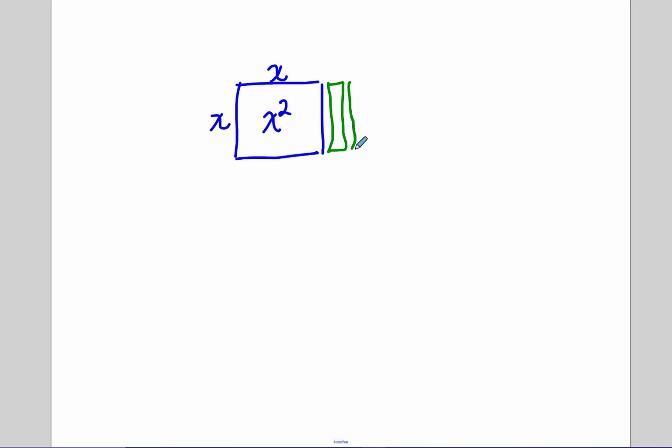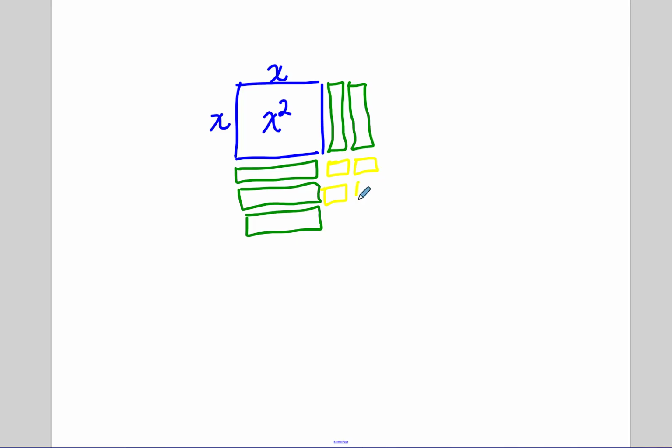If you had 2 blocks here and 3 blocks here, do you see the idea that you can complete the square by knowing how many missing items are here? I need one more block.